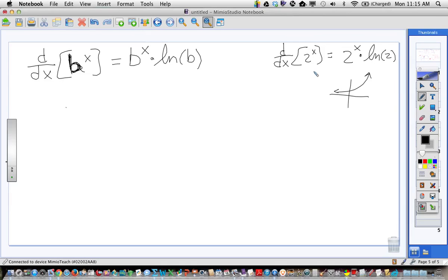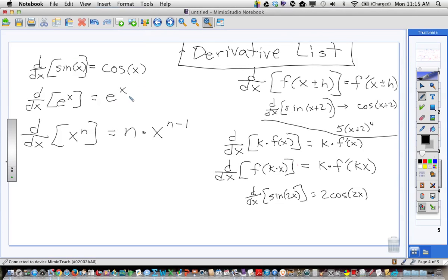You know what? It kind of makes sense, because this one, don't write this down, but technically this one follows the same rule. This is e to the x times ln e. What's ln e? Right? So actually e to the x follows that same rule.